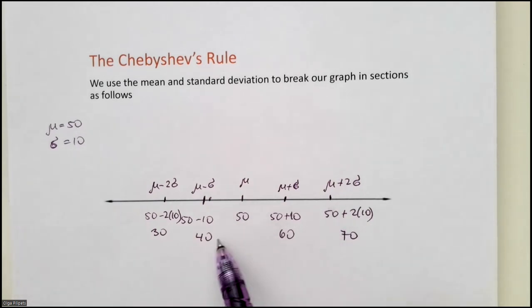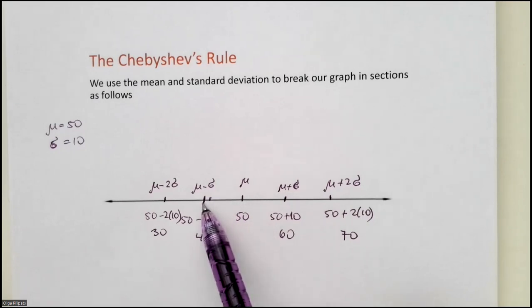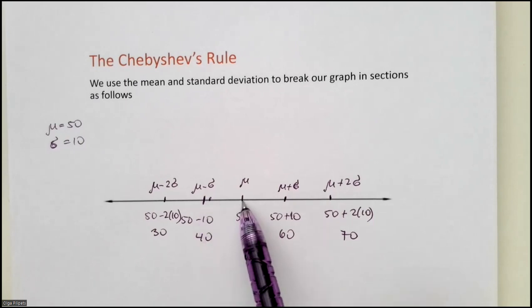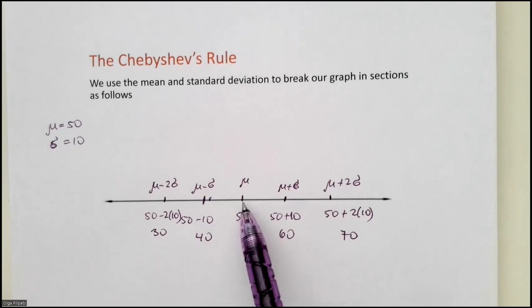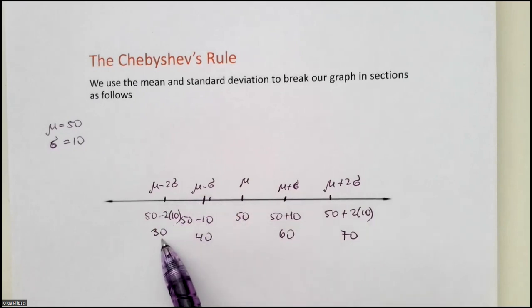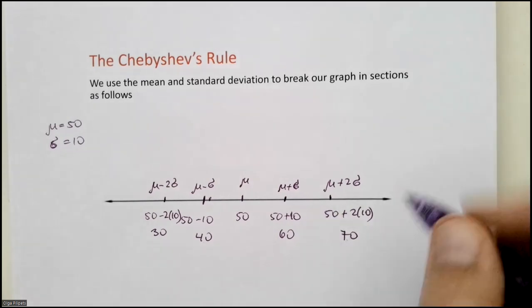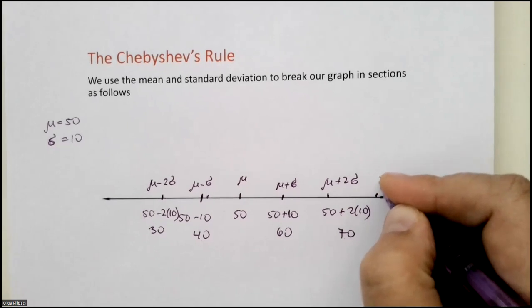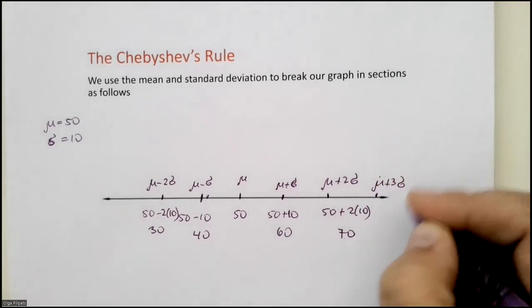So if I step one standard deviation to the left from the mean, I get to 40. If I step one standard deviation to the right, I get 60. Two standard deviations to the left, 30. Two standard deviations to the right, 70. Let's do one more step. So mu plus 3 standard deviations.